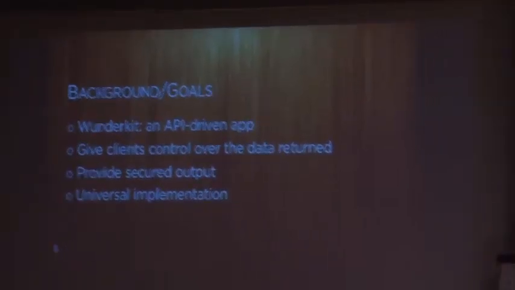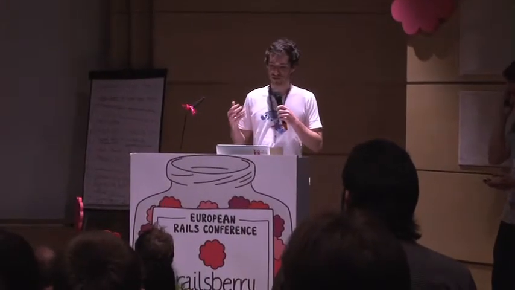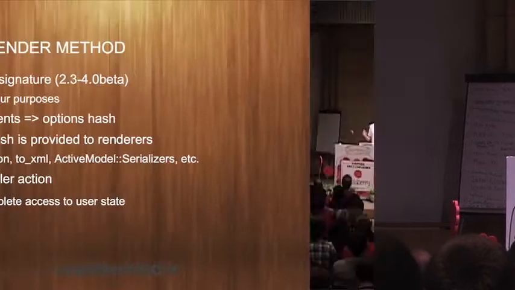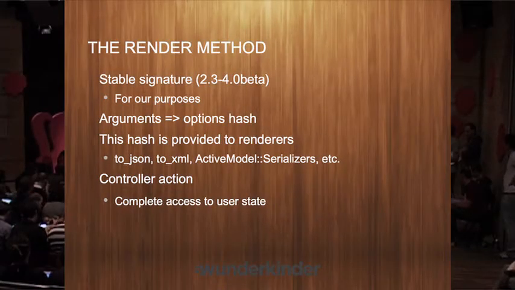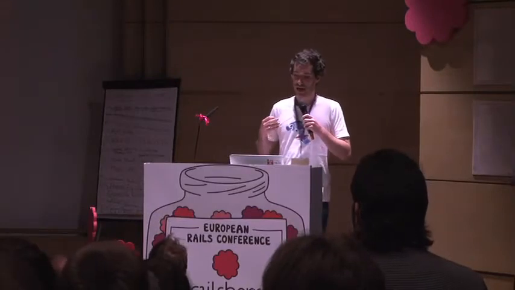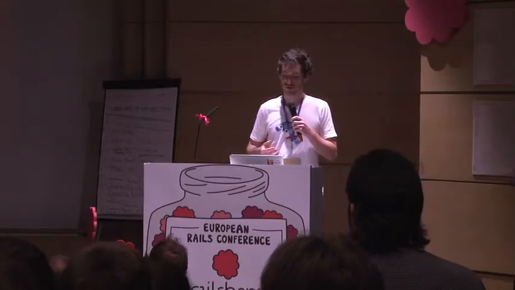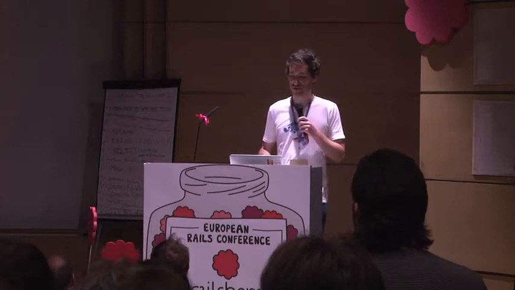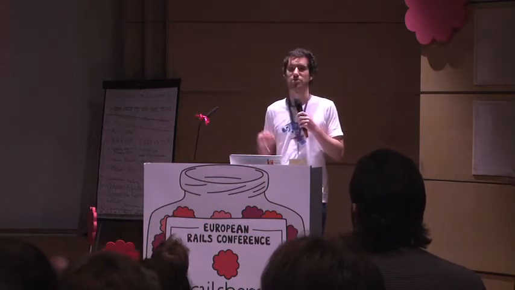And so I started looking at how Rails does rendering, and so a couple of things about it. Render for this purpose has been stable since 2.3. It behaves the same all the way into the current betas of 4.0. And ultimately, render works with an options hash that gets provided to whatever you're using, whether that's the default to_json or active model serializers.